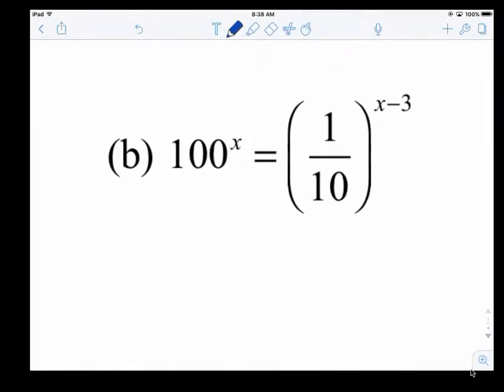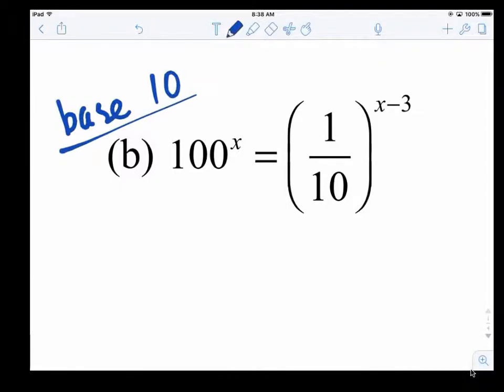Okay, so I have 100 to the x is equal to 1 over 10 to the x minus 3. What base do both of these have in common? 10, right? So base 10. How can I rewrite 100 to the x so that it has a base of 10?